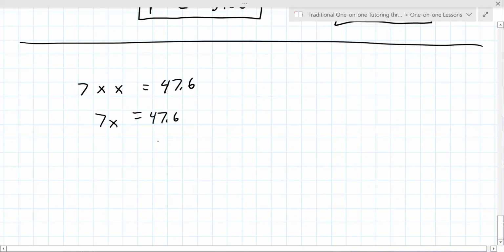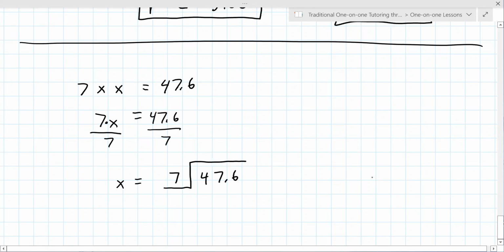Okay, so you undo multiplication with division. So then you divide by 7, and you divide 47.6. So the 7 goes on the outside, 47.6 on the inside. 7 goes into 47.